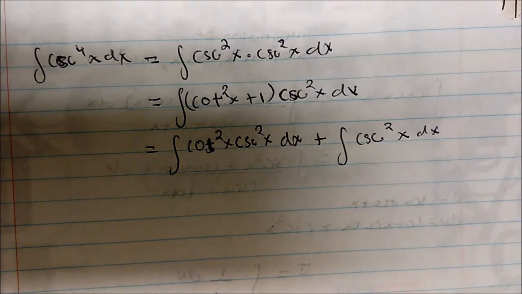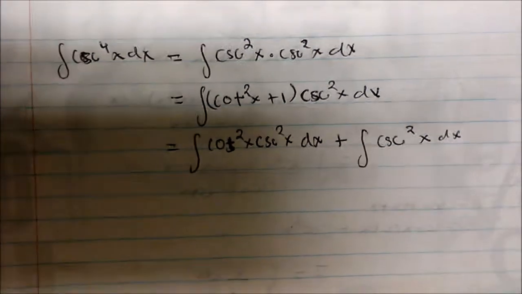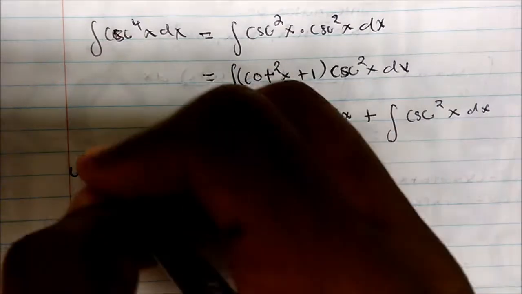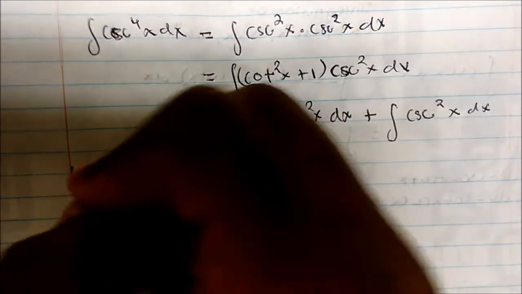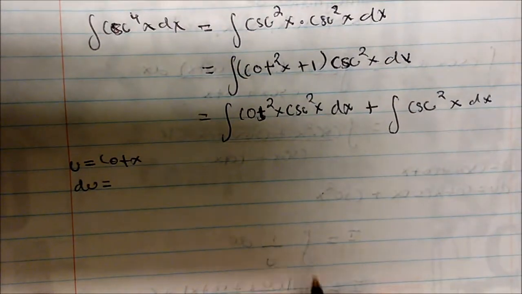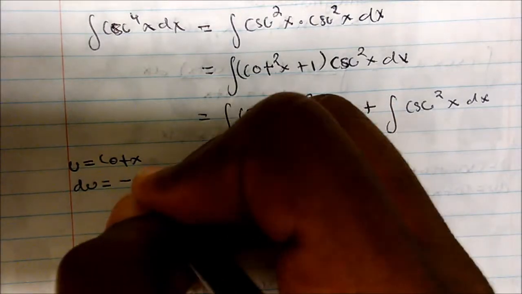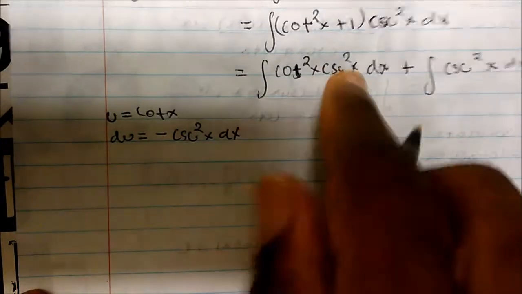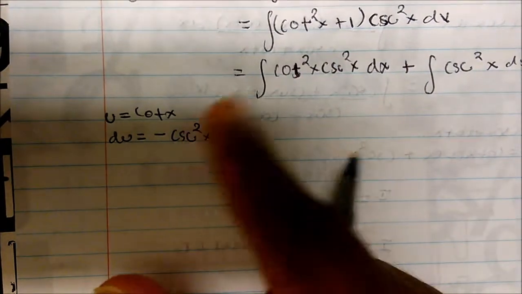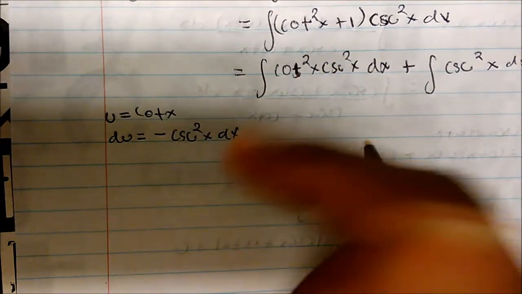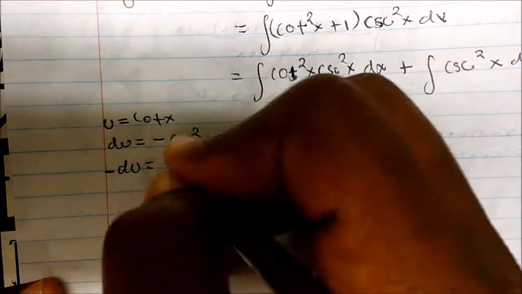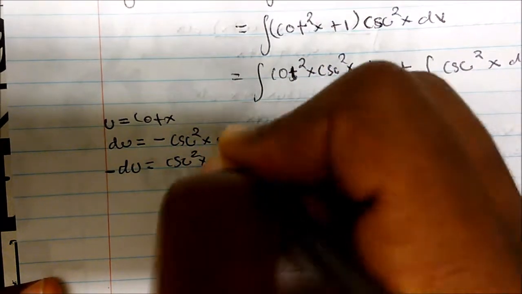Okay, so now essentially if I set my u for this one to be cotangent of x, then I know my derivative is what? Negative cosecant squared of x dx. But again, we have a positive cosecant squared of x dx. So if we divide by a negative on both sides, this becomes negative du, that is equal to cosecant squared of x dx.